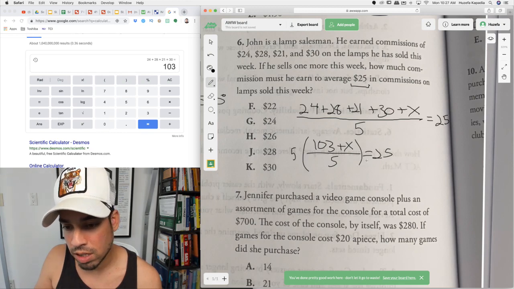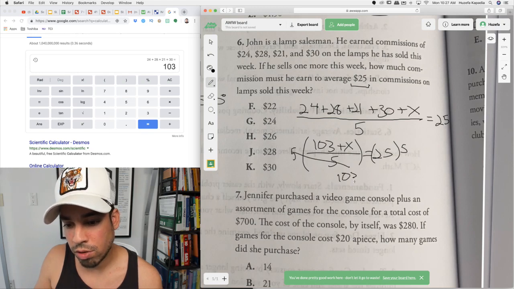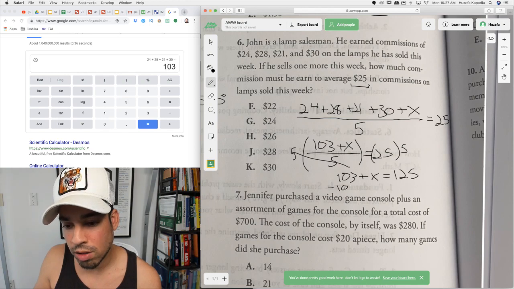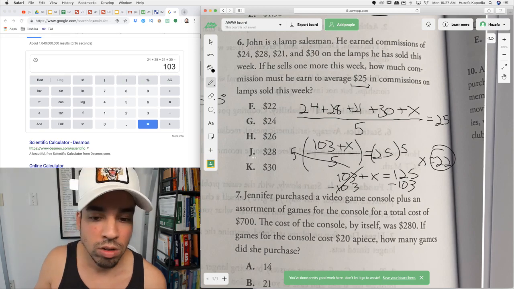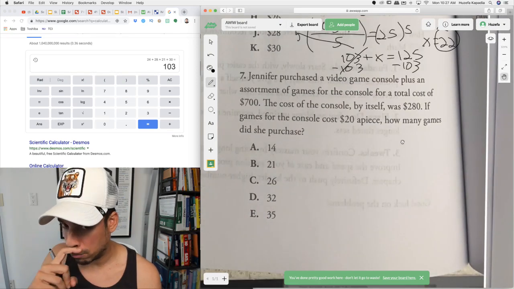Let's multiply both sides by 5. These cancel out, and I get 103 plus x equals 125. And then I'm going to subtract 103 from both sides. And I get x equals 22. $22. That's what his commission needs to be to get that average.